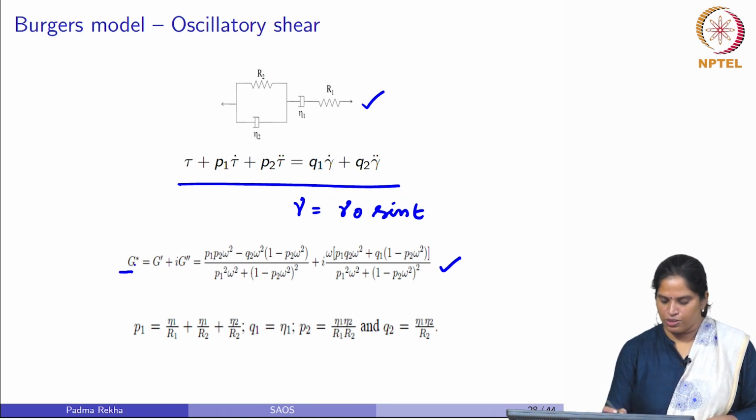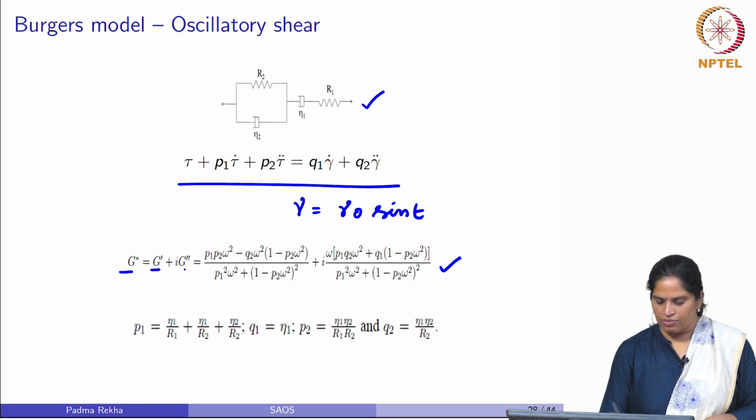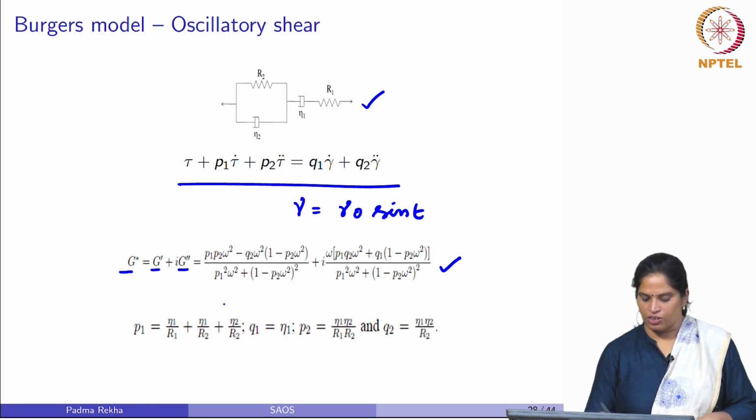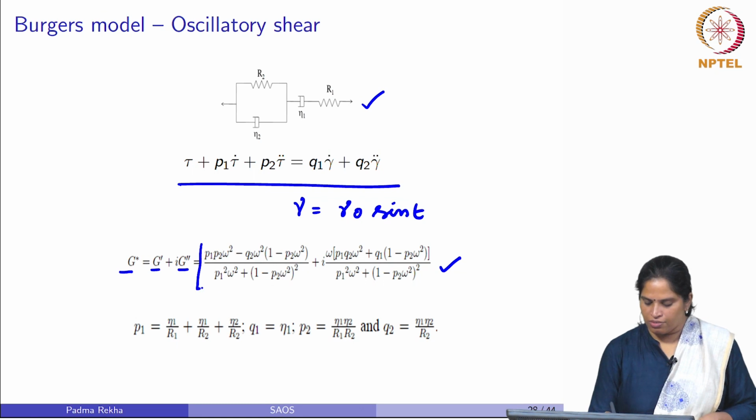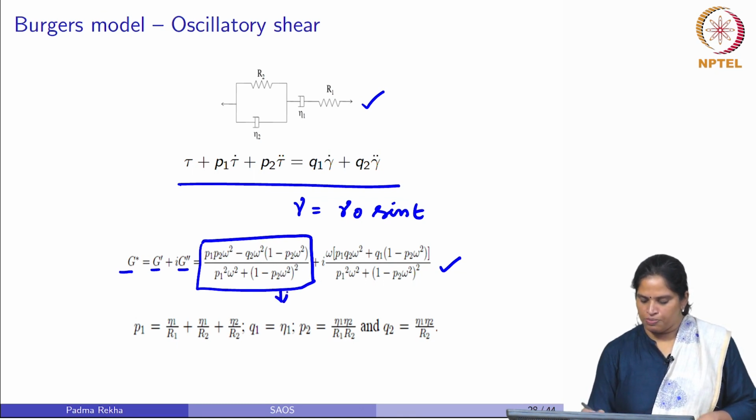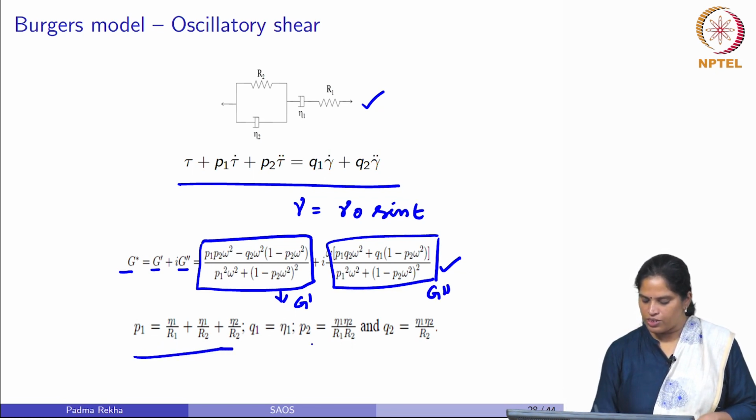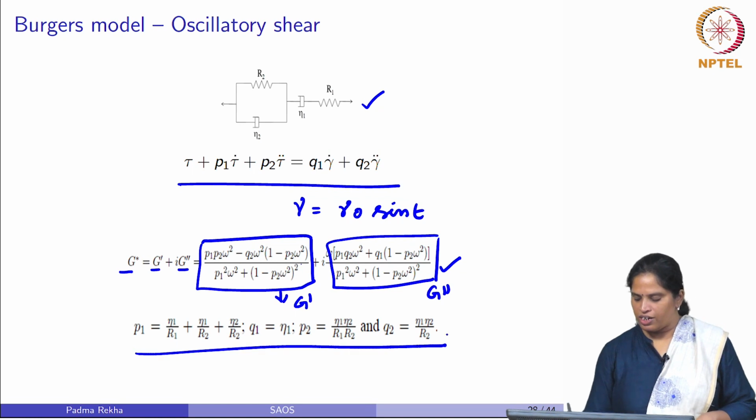This is a complex modulus, with a real part and an imaginary part. So, this function is the storage modulus and this function is the loss modulus. Both depend on frequency. For the constants P1, P2, P3, you can refer to this.